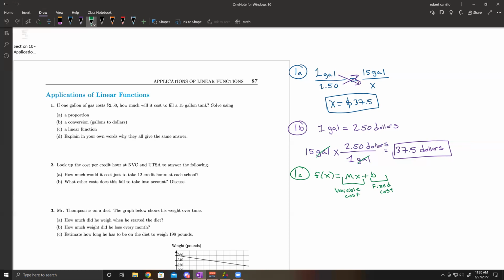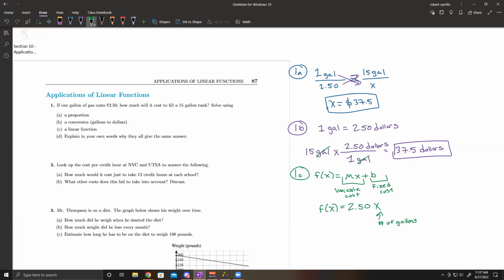Okay, so this is a small breakdown of how we can create a linear function. And for 1c, we want to solve this problem by using a function. So what we know is that it costs $2.50 per gallon. Now, of course, we're translating English into algebra. So it is 2.50x, where x represents the number of gallons.